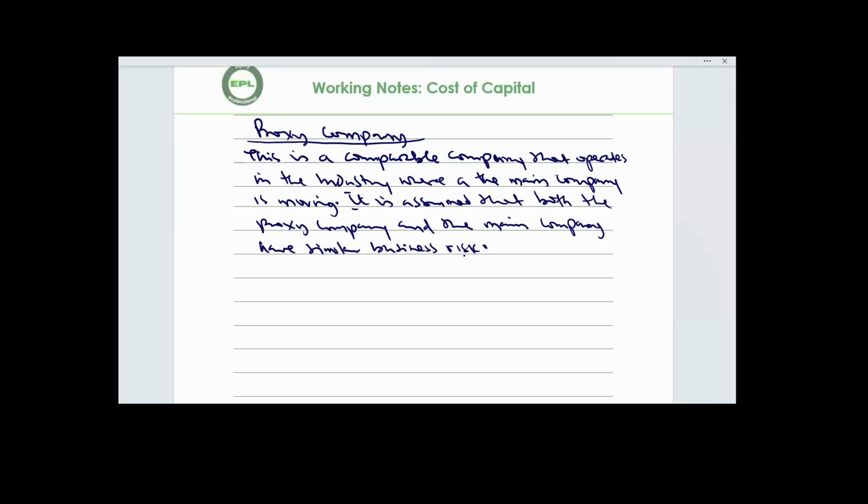So, of course, in reality, in practice, there is no company that is similar in size, even in operation, in management structure. No company is identical. But in theory, we can say just an assumption that the companies have similar business traits. It's not possible because every company's management structure differs.